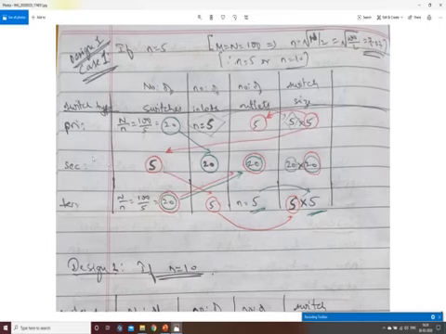From each of the secondary switches, one link should go to each of the tertiary switches. So since there are 5 secondary switches, you will be getting 5 inlets for each of the tertiary switches. Therefore the number of inlets for the tertiary switch is equal to 5. Because there are 5 secondary switches, I will be getting 5 connections from the secondary switches to each tertiary switch. And because this is 5 and the number of outlets is also known to be 5, it gives us an indication that the switch size is 5 by 5.